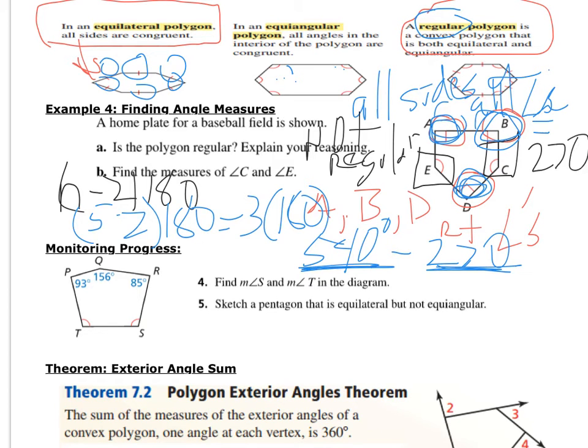Well, why is that number right there important? Well, again, remember angle E and angle C? We just knew they were congruent. Well, there's 270 degrees left, and they are divided up equally. So what would I need to do to figure out what angle C and angle E equal?